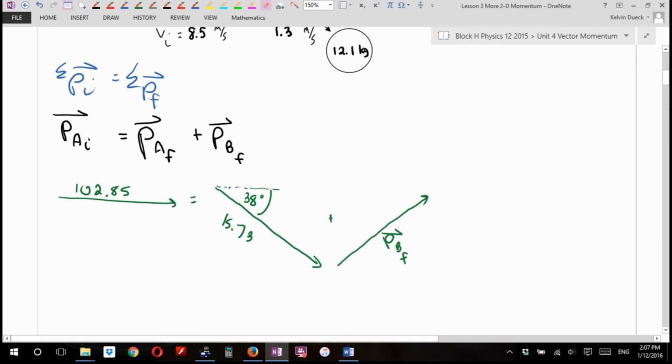But I know one more thing. When I add these two together, the answer is supposed to be exactly horizontal. If that wasn't the case, I would totally use the subtraction method. But because I know what the answer is supposed to look like, I can draw the vector triangle something like this. Here's momentum A, 15.73.